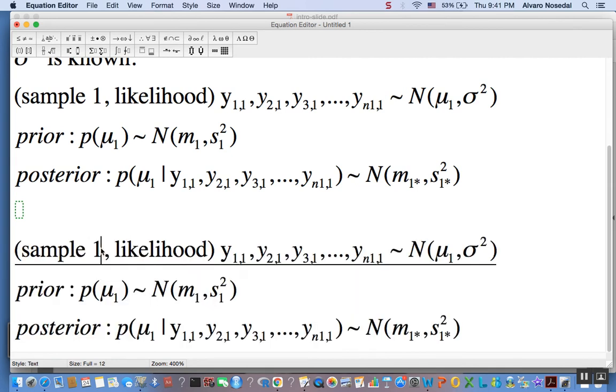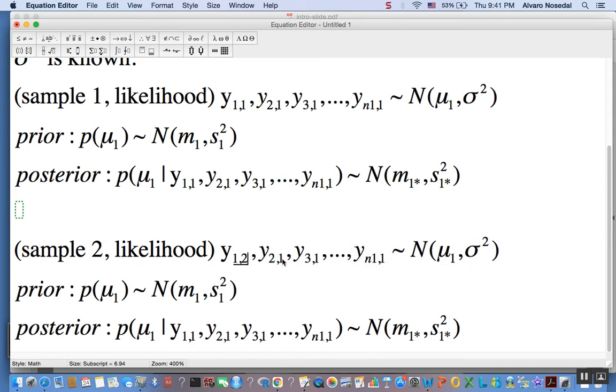So we have a second sample: first observation, second observation, third, and we could potentially have a different sample size here, n2, with a mean mu2 but the same known variance sigma squared.